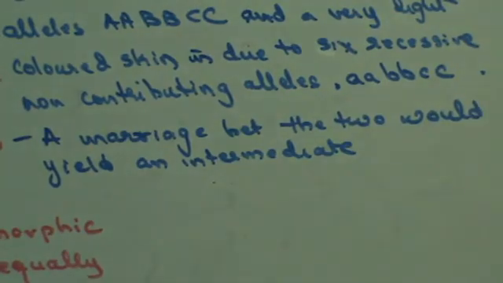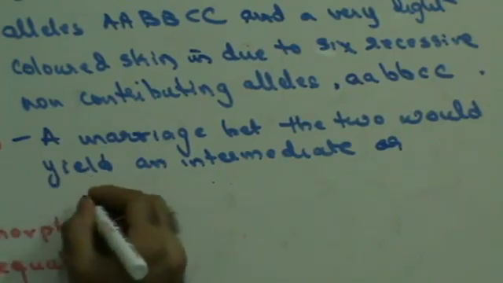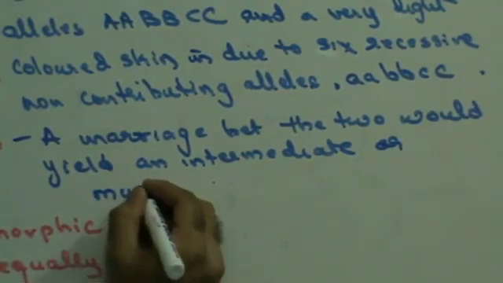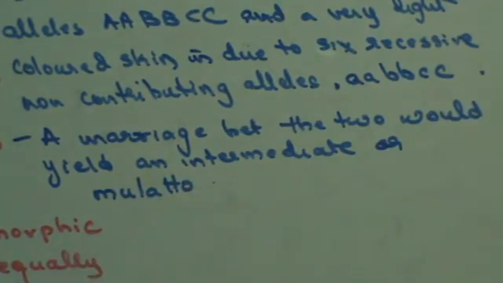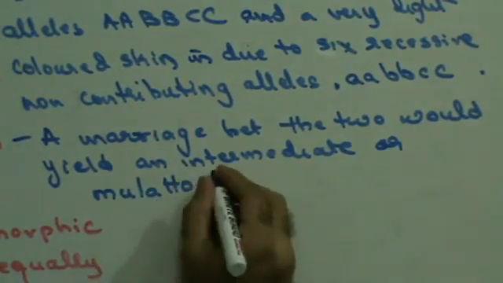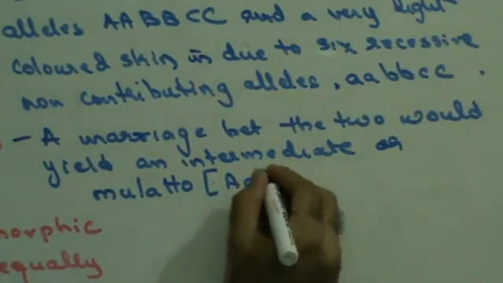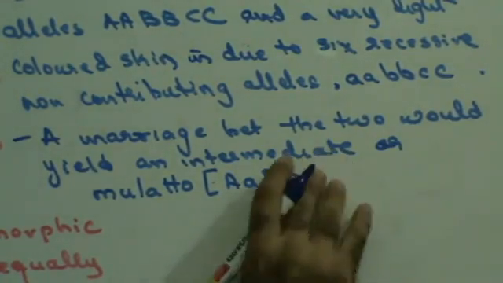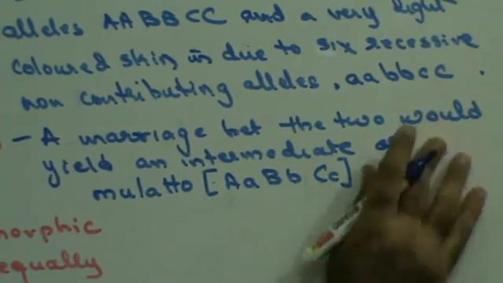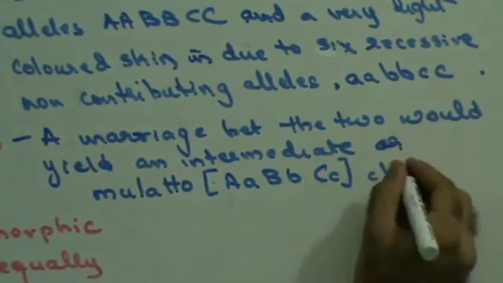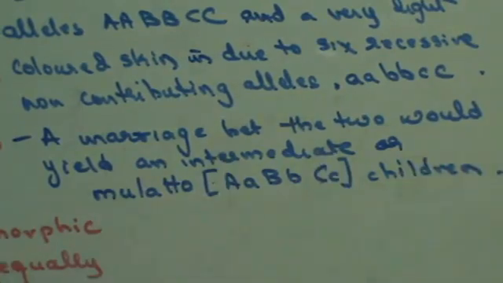Right, the intermediate skin color is called mulatto, which would have AaBbCc children. Right, now that would be my F1 generation.